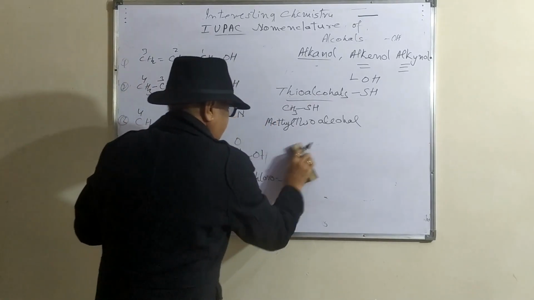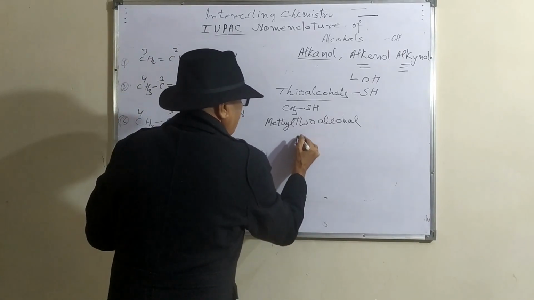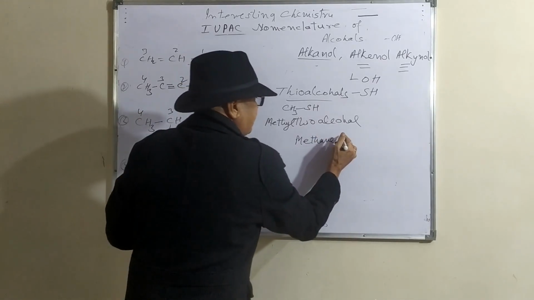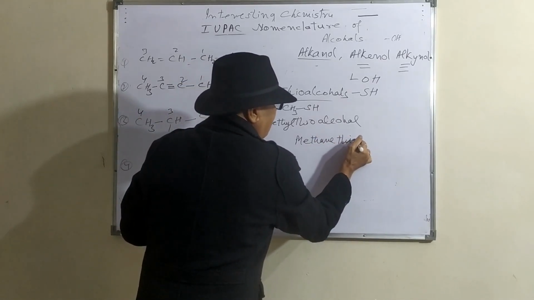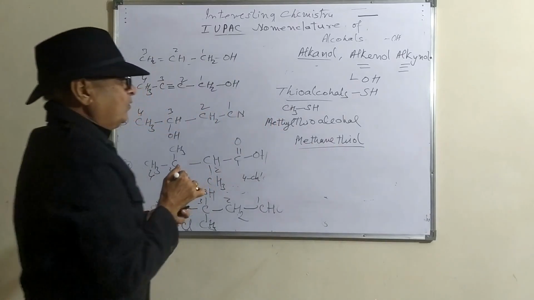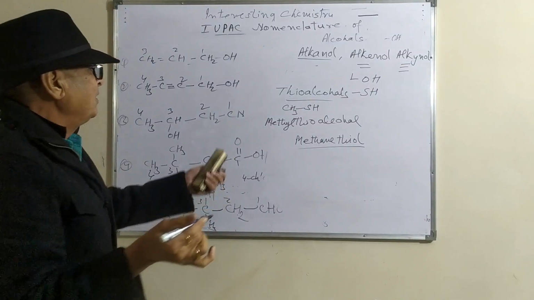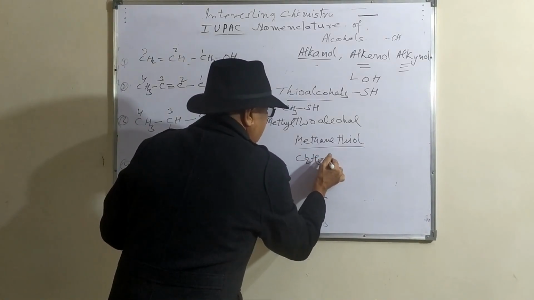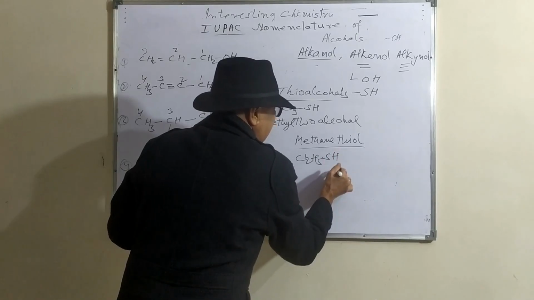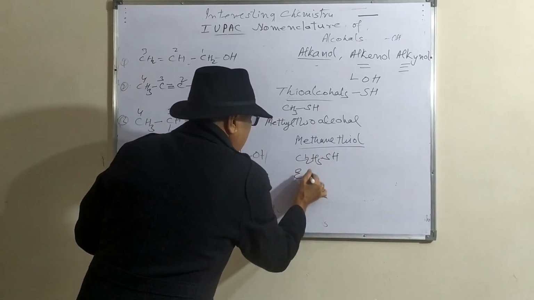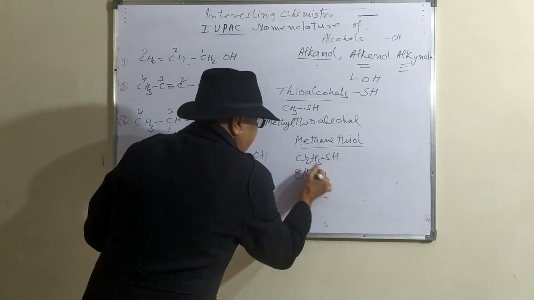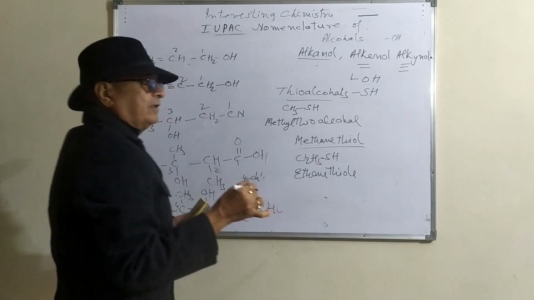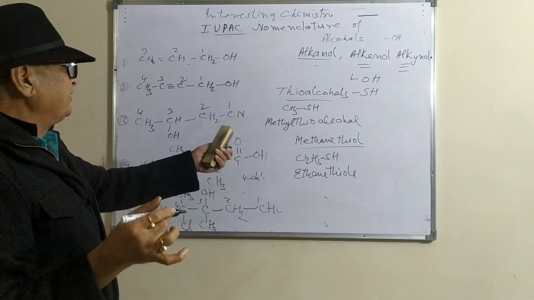But in IUPAC, you will say the name of this compound is methane thiol. And if you have the compound C2H5SH, then the name of this compound will be ethane thiol.